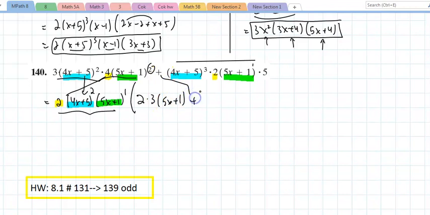Plus, if I take this divided by this, the 2's cancel out. The (5x plus 1) cancels out completely. I'll have a 5, and 3 of those cancel with 2 of those.